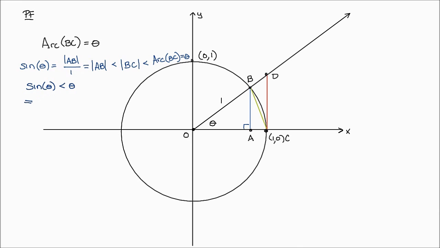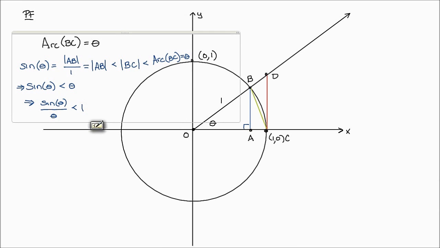So this implies that sine of theta over theta must be less than 1. Okay, so we know that we have a bound on sine of theta over theta. It's going to be less than 1. It's actually possibly going to be equal to 1. It just depends on what theta is.